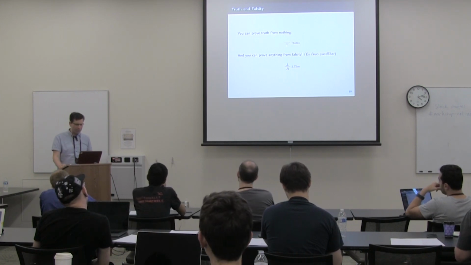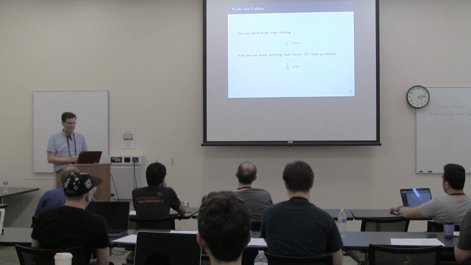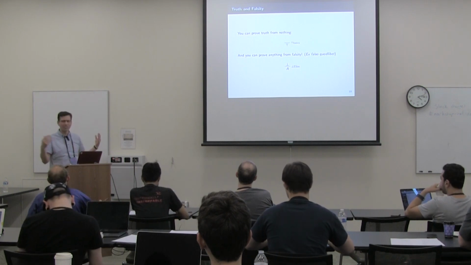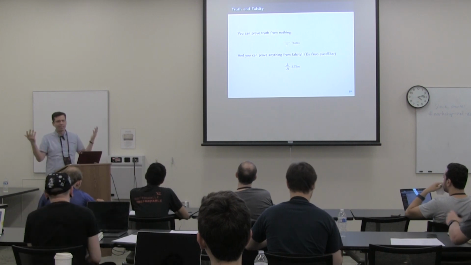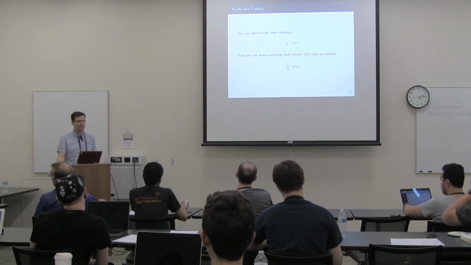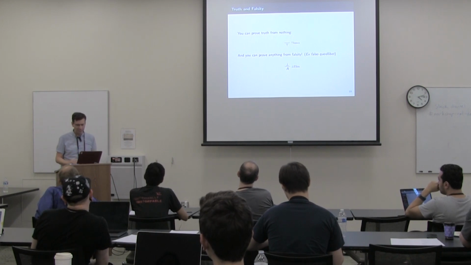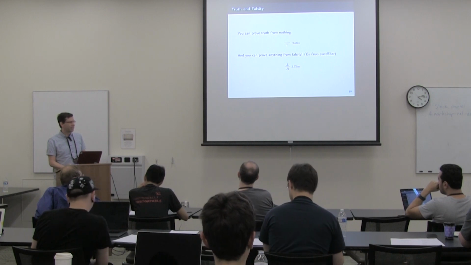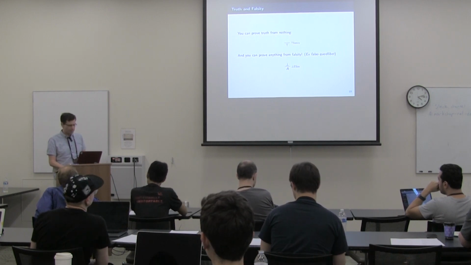This is called the principle of explosion, or ex falso quodlibet. And that means basically all hope is lost. Once we have a contradiction in our proof, then anything can happen. Anything is fair game. There are proof systems where that's not allowed, but in standard intuitionistic propositional logic, it is.